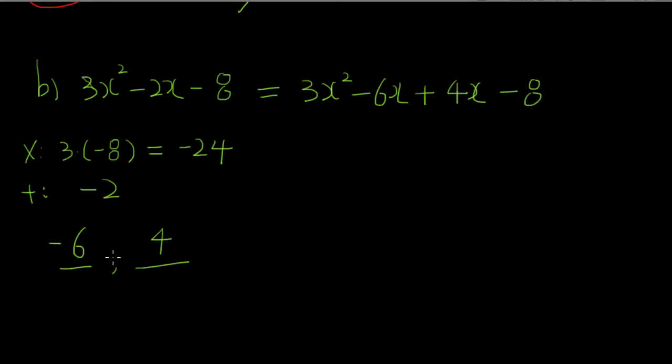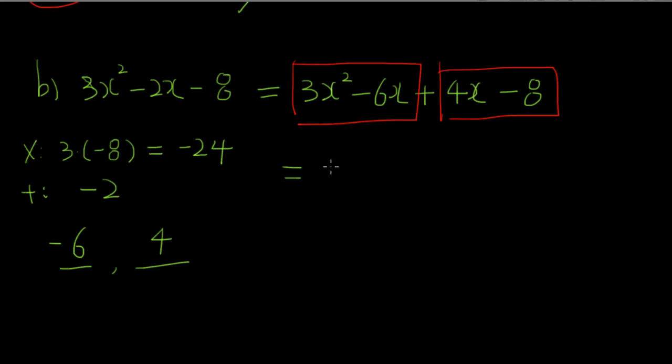Just like that, right? Now we can group these two together, and these two together, and try to factor whatever we can. So I guess we can factor 3x out. Then it will be x minus 2. What about here?